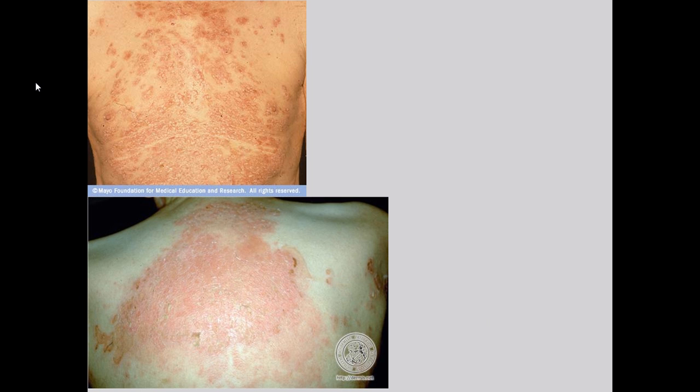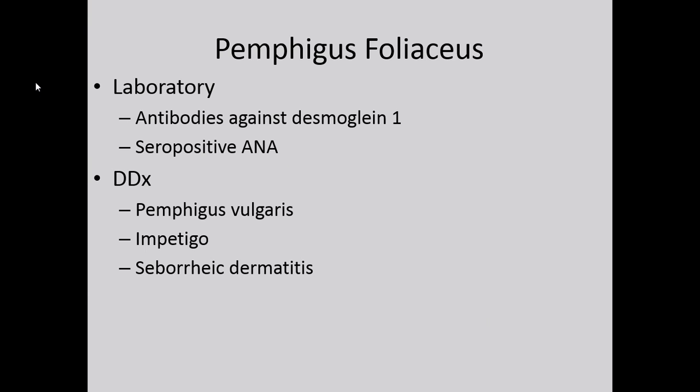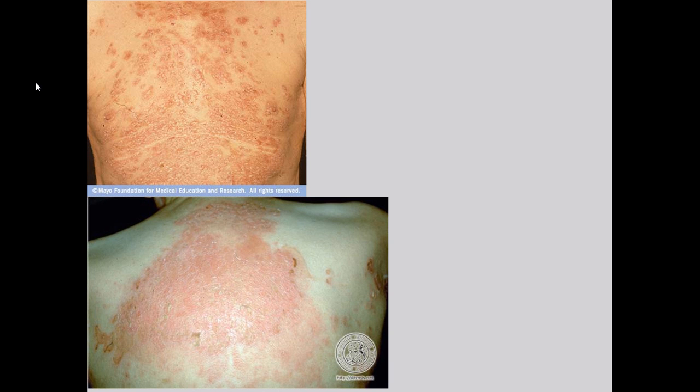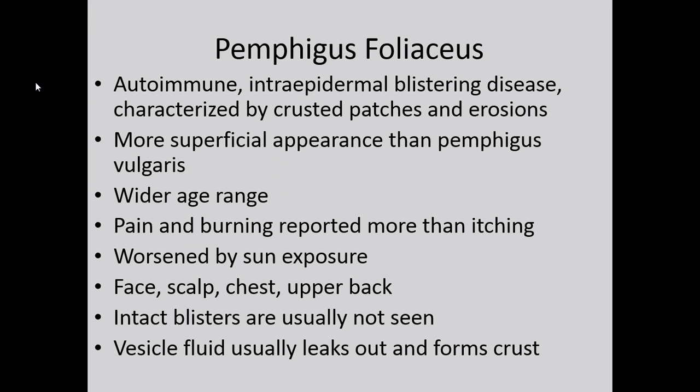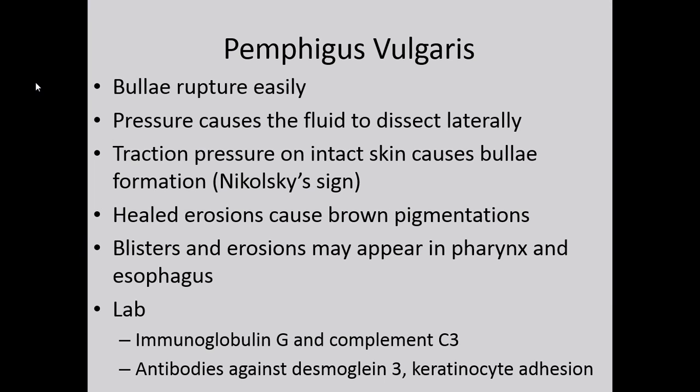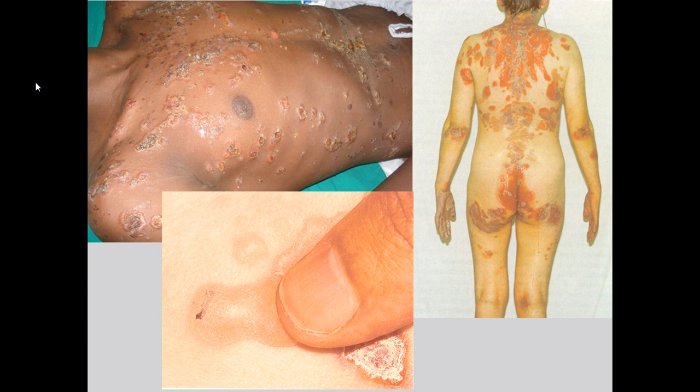Sorry, text. This is the pemphigus foliaceus. It's superficial. It doesn't look as severe as vulgaris. Not as pruritic, not as deep. If we go into pemphigus vulgaris here, we have more widespread lesions, whereas pemphigus foliaceus is usually confined to the chest, the back, the scalp of the head.